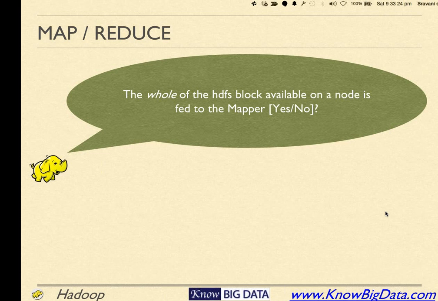Therefore, if the whole block was fed to our mapper, we might get half a word as input, but we always got the full line.